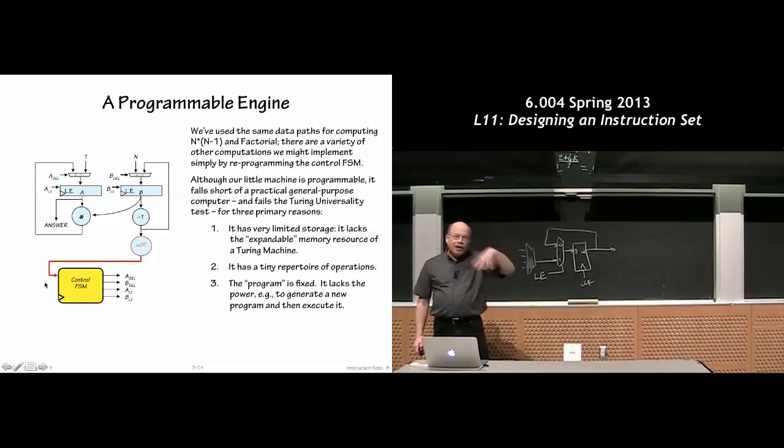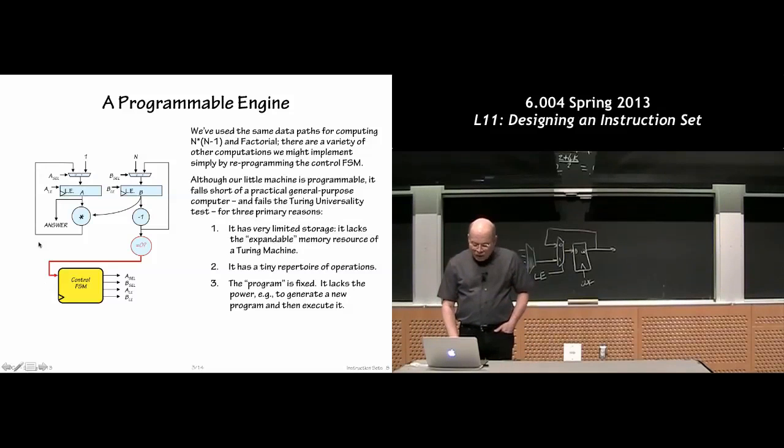So this is a little cycle of I send you control signals, you're the data path, you send me back some status signals, then I, the control logic, determine what state I'm going to go to next and change how my control signals are going to work. You say, okay, well, is this really a computer? And well, sort of not.